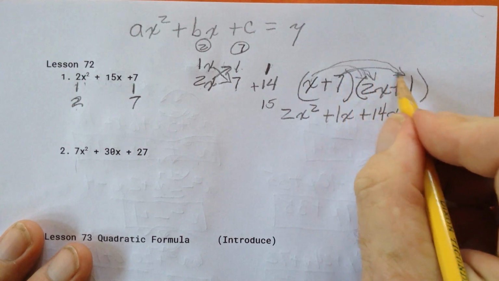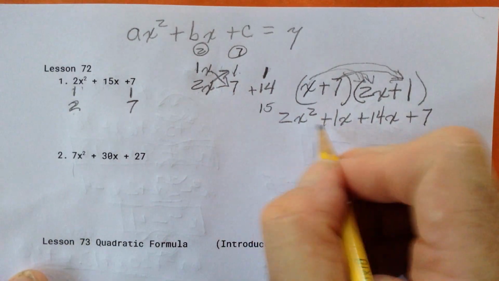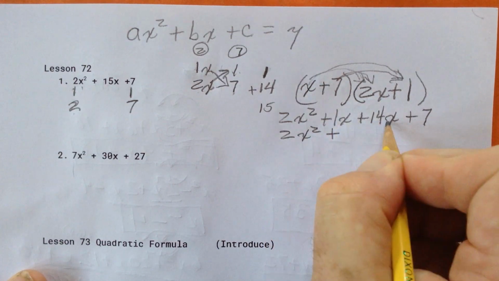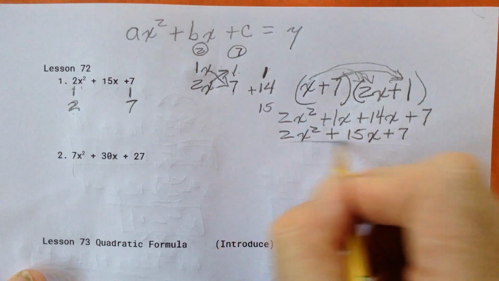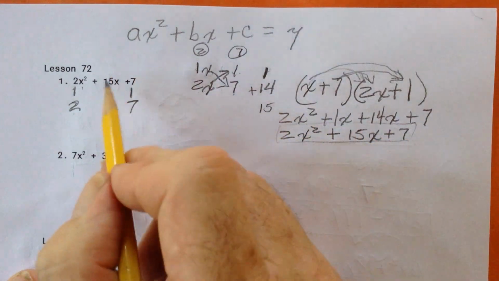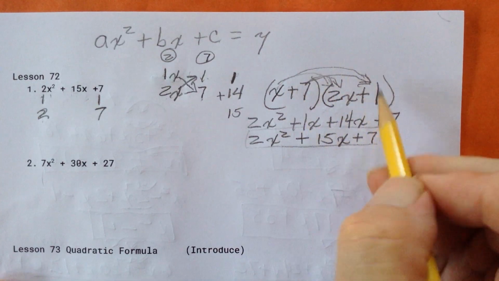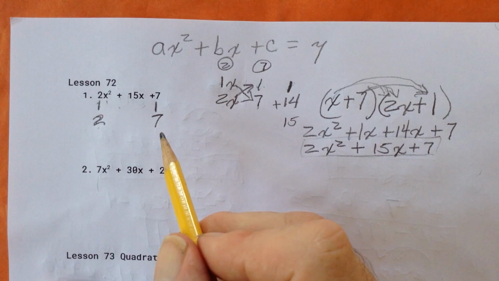And if I go 7 times 1, that'll be 7. So here, if I put these together, I get 2x squared plus 15x plus 7. So there, I'm back to where I started. Okay, so we did this correctly. This would be the factors of this quadratic equation.